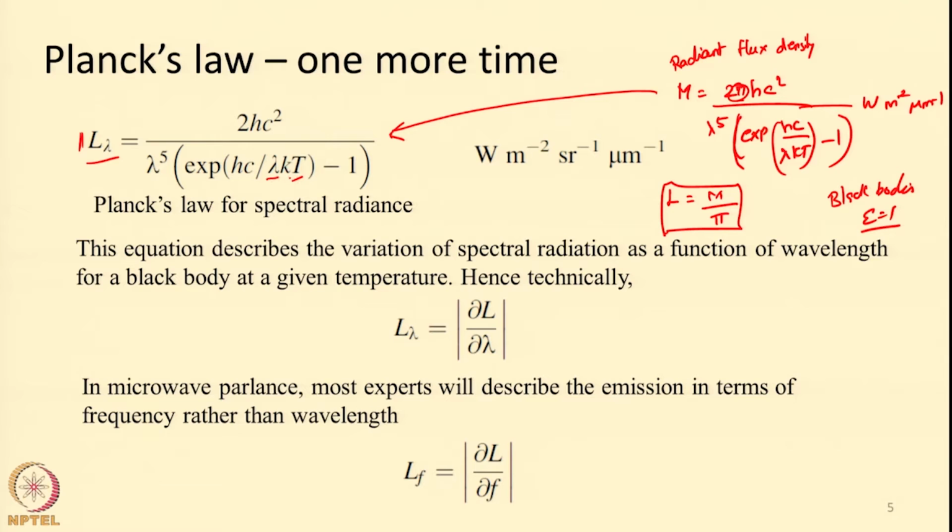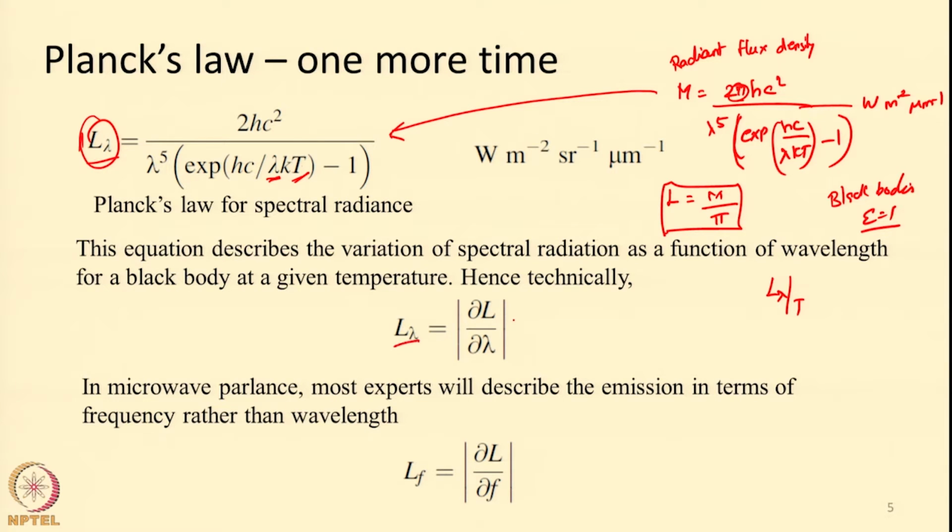If you look here, there are two independent variables: T can vary independently and lambda can vary independently. If we assume the black body is at one particular temperature T, then this becomes a constant and this will be the variable.